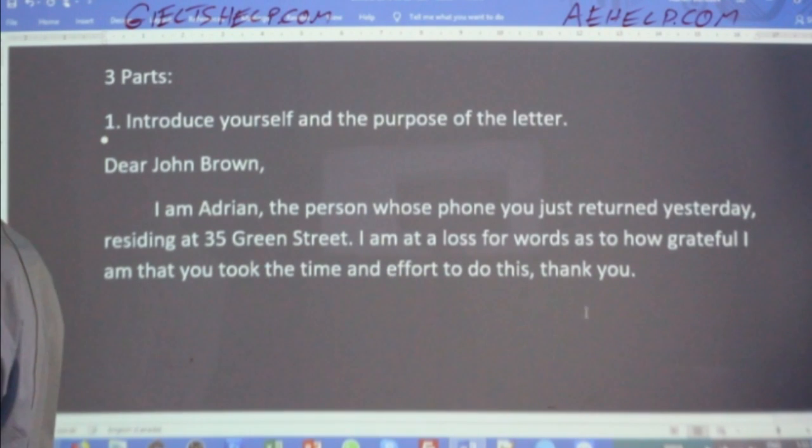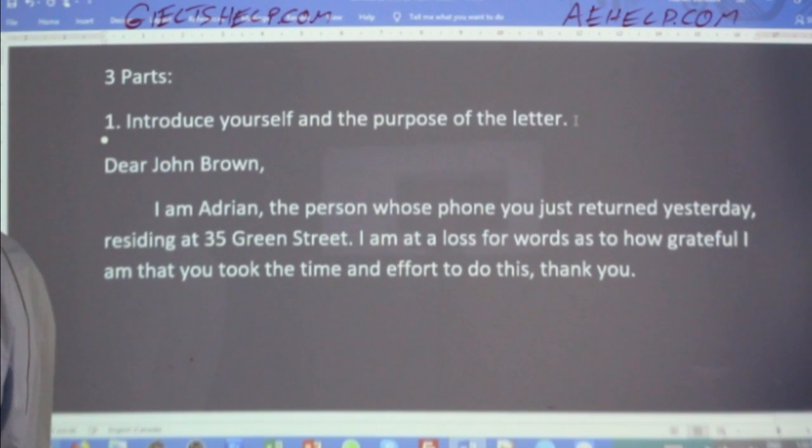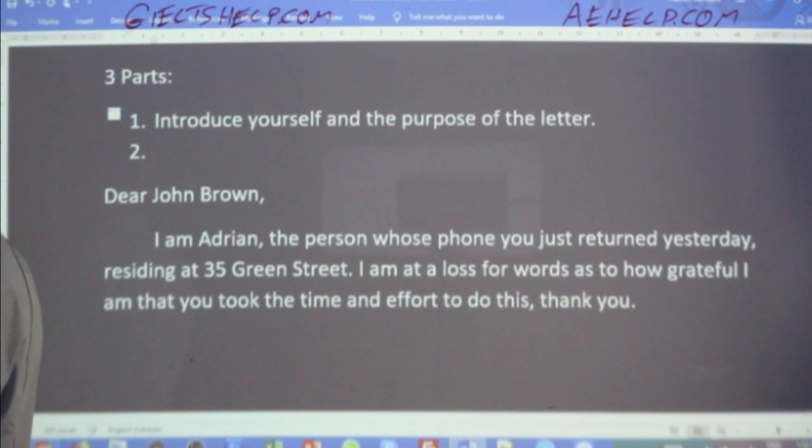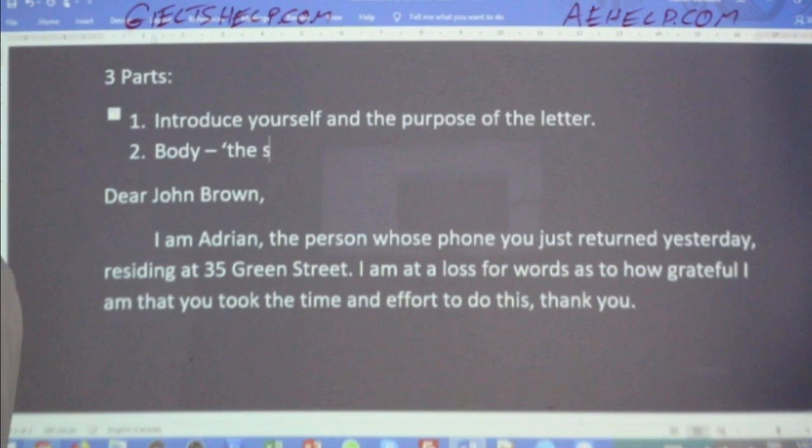And then after that comes the body. The body paragraph is the story. Okay, it should have a beginning, middle, and an end. Should be logical, colorful, clear.